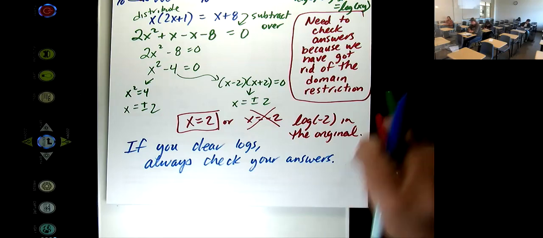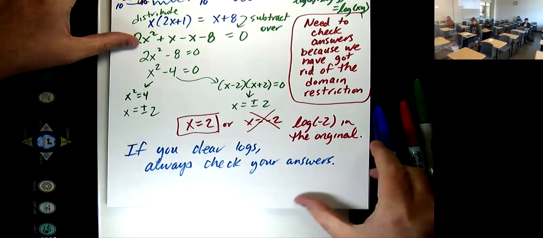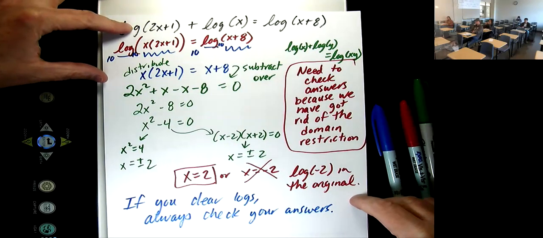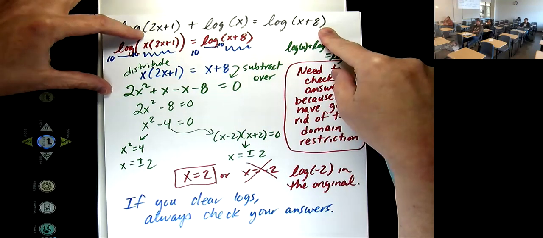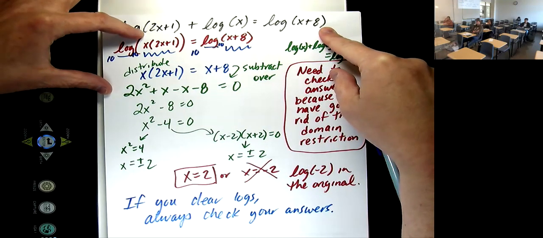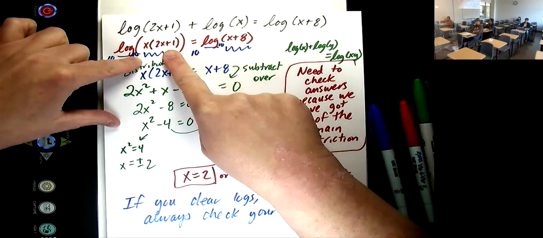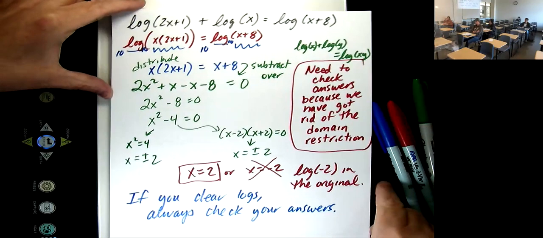At this point, it's probably a good idea to always check your answers anyway if you can. You could go through and put this in a calculator and make sure log of 5 plus log of 2 equals log of 10. I already know that it does because log of 5 plus log of 2, doing this multiplication thing, it's 5 times 2 is log of 10. So you get log of 10 on both sides.